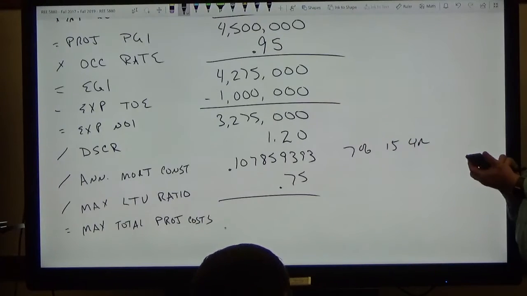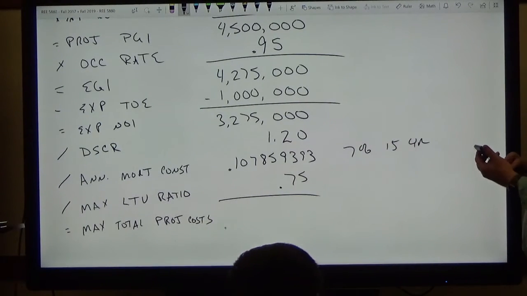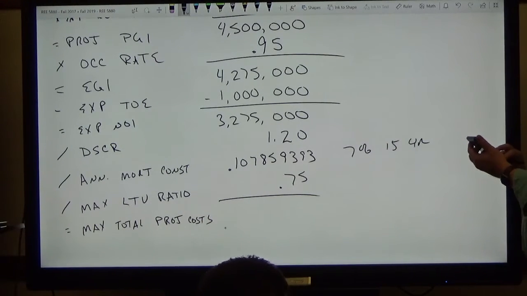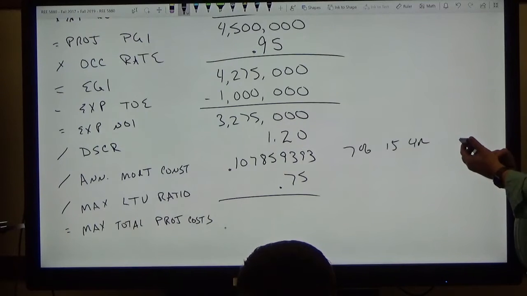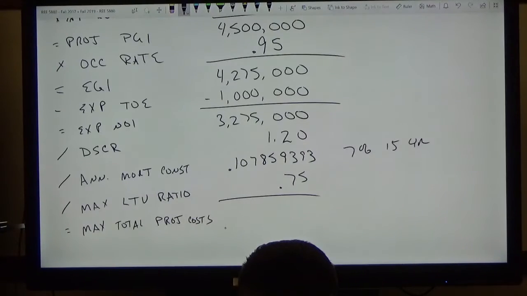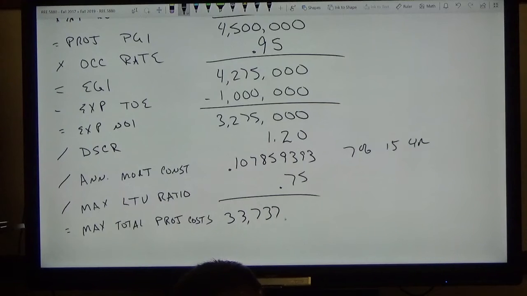You just start with 3275 divided by 1.2 divided by 0.107859393 divided by 0.75, and so you end up with $33,737,338.84. Okay?